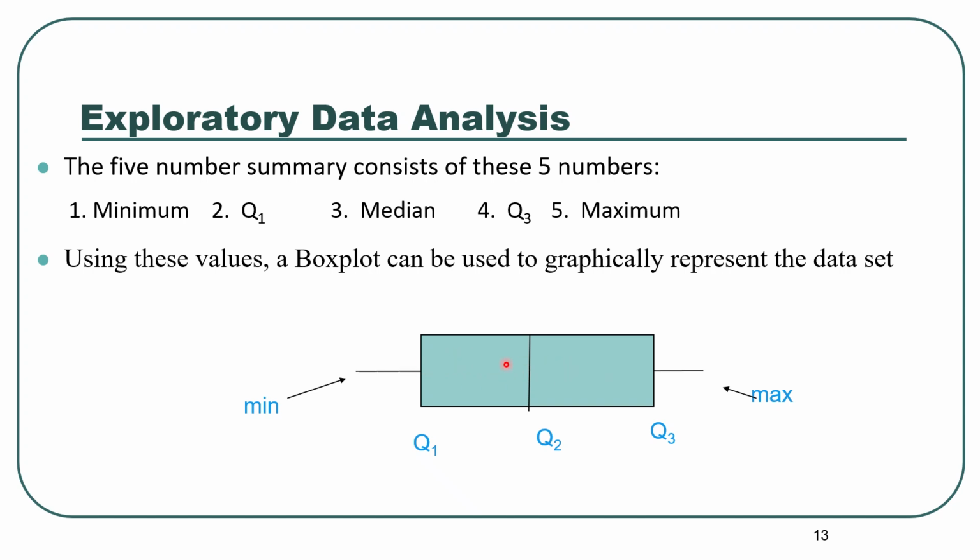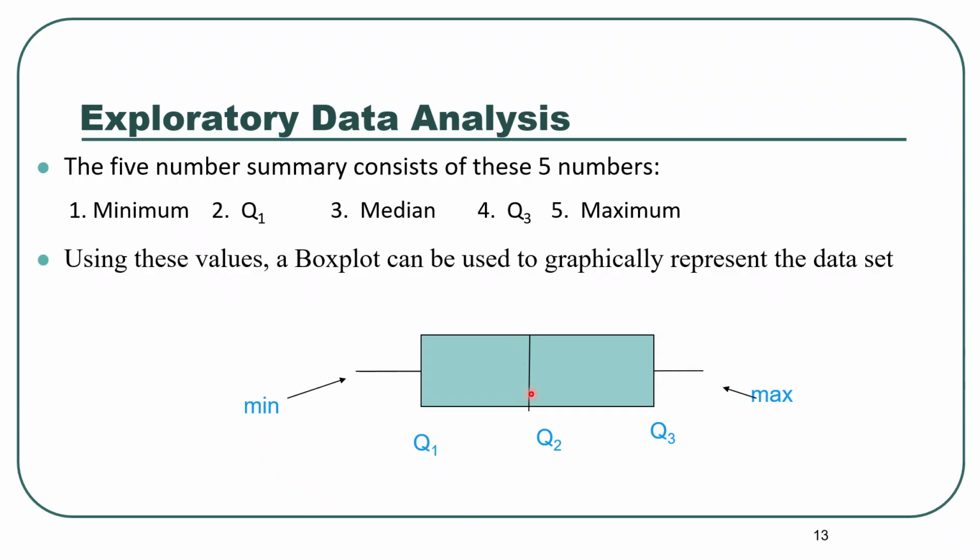So the length of that box is equal to the interquartile range, Q3 minus Q1. So if Q2 was exactly in the middle of that distance, then the whole distribution would be roughly symmetric.